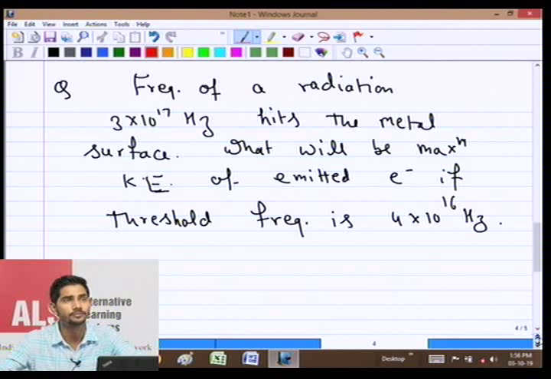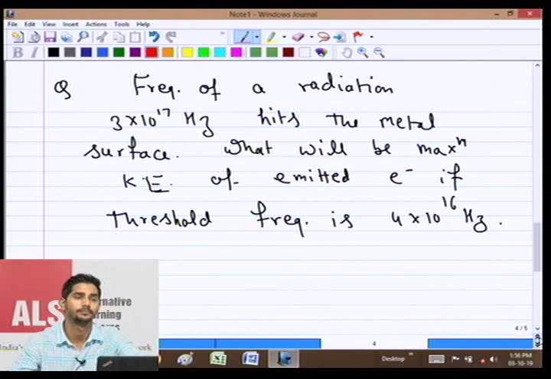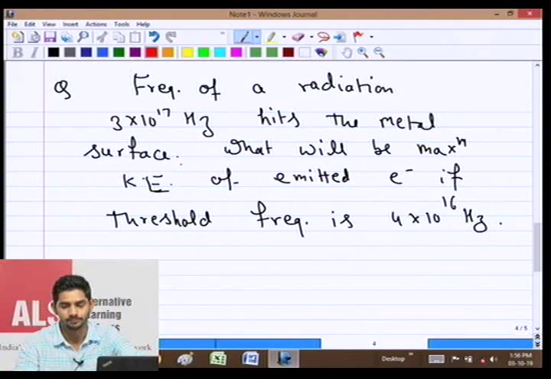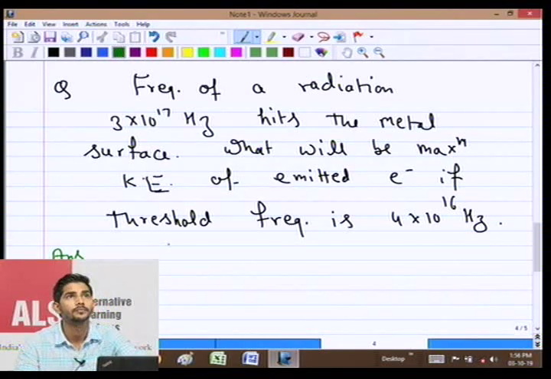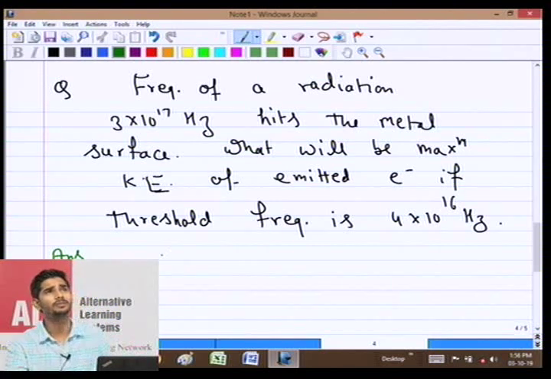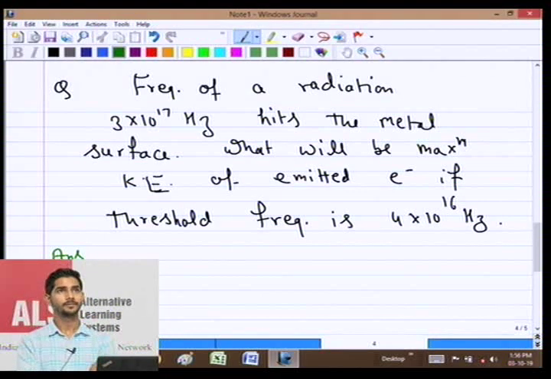What's the answer? Okay, who has got this answer? Minus 80. So don't think that this answer is too short.